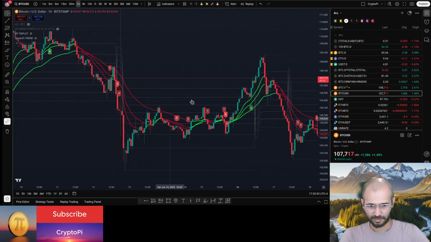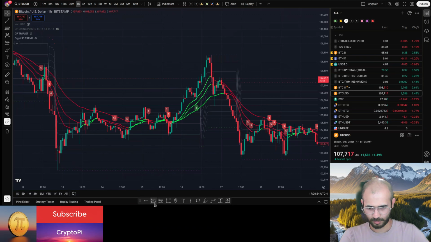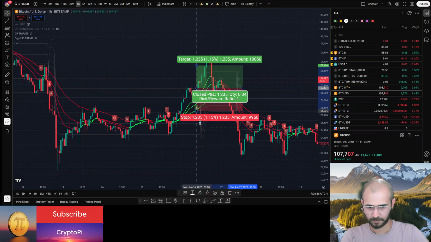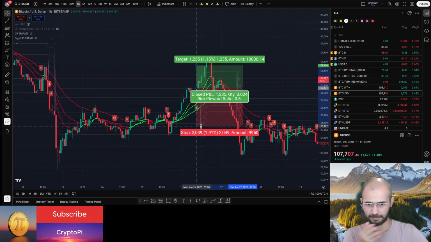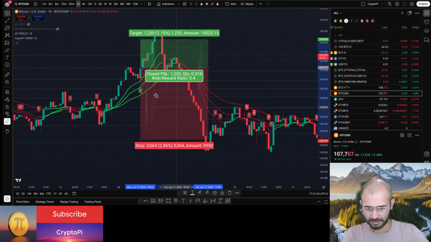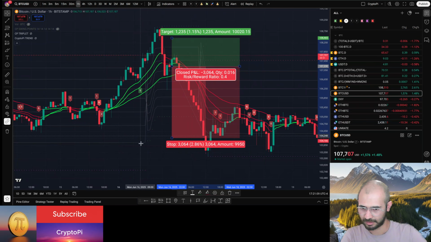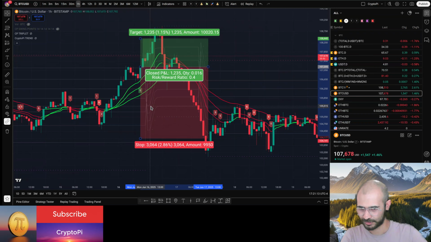All right. Let's take one long example as well. In this one, I think this would be a failure example, because in this one, actually there is no stop loss coming. It's a similar case like the short one.